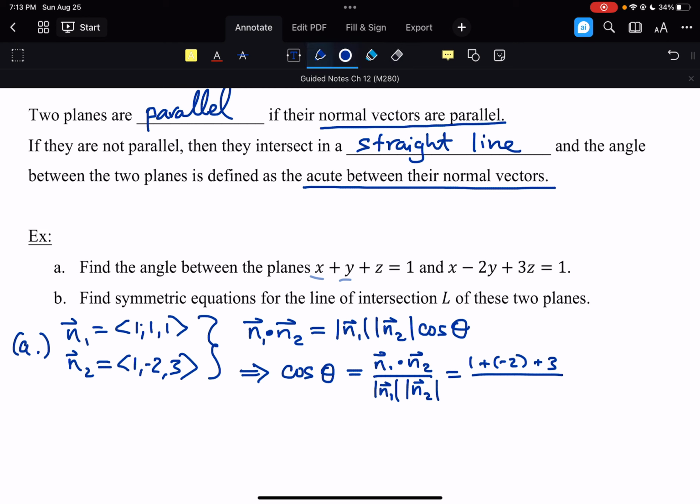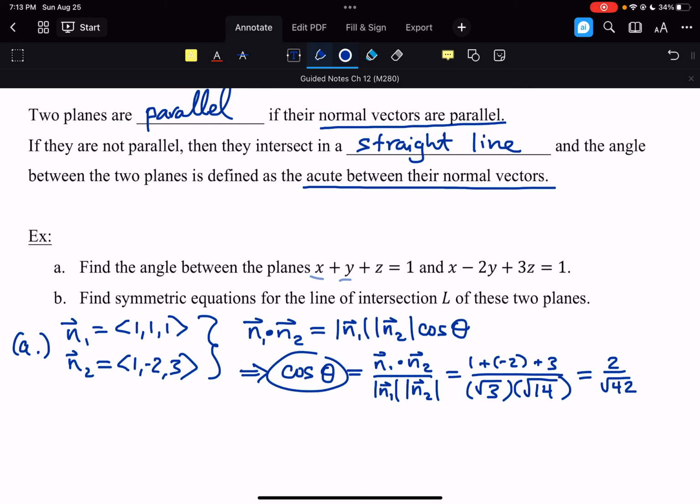So for the first one, for n1, we get the square root of 1 squared plus 1 squared plus 1 squared. So that's radical 3 times square root of 1 plus 4 plus 9. So that's square root of 14. So we end up with 2 over rad 42.